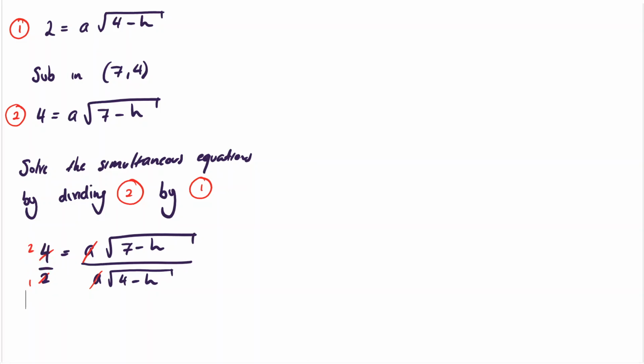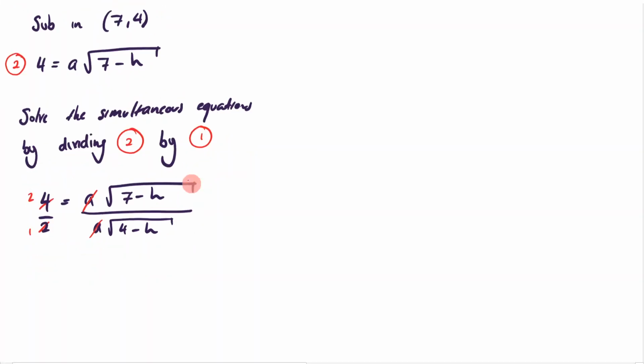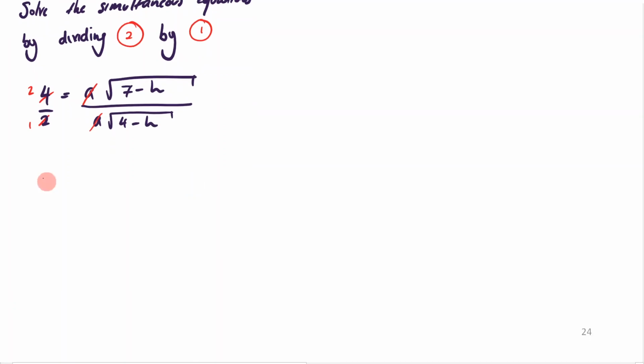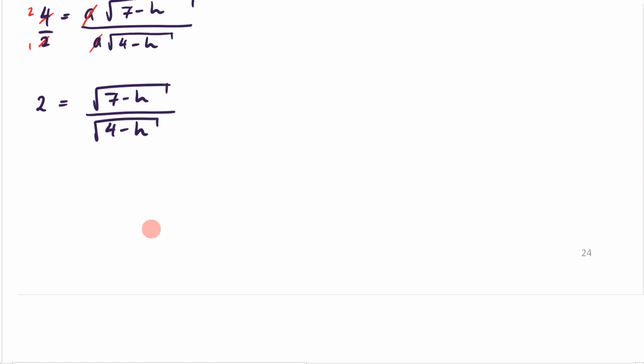So at the end of the day, what I'm going to be left with here is 2 is equal to the square root of 7 minus h over 4 minus h. Ooh, and that should be a square root there as well. Now it's just a matter of solving this for h. So what I would next do is times both sides by the denominator here.